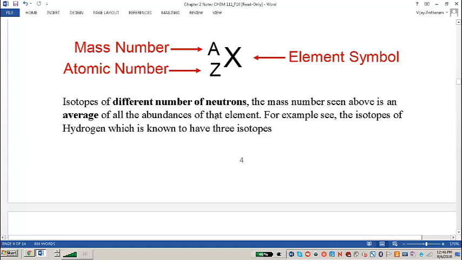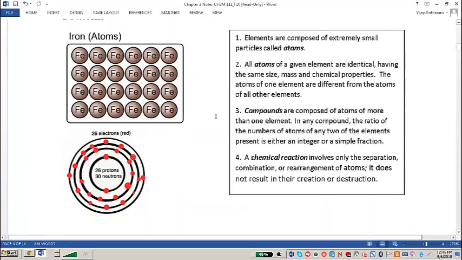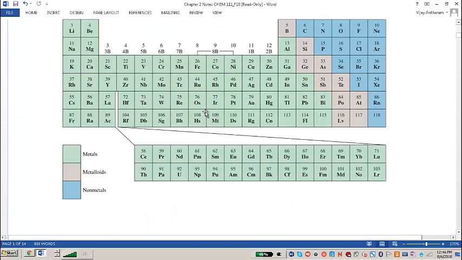The example is carbon. There's a carbon 12, a carbon 13, and a carbon 14. The mass number, which is usually the bottom number in the periodic table, is usually shown at the bottom. It's not shown in this periodic table; you only see the atomic number.